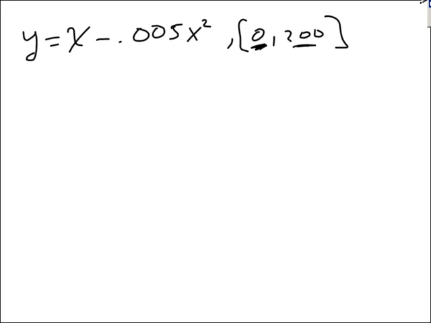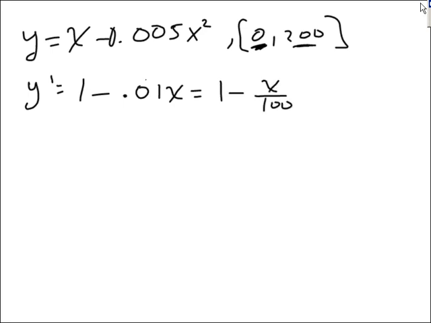Why is it understood? By convention. It just is. Okay, so then y prime is 1 minus 0.01x, which is the same as 1 minus x over 100. 0.01 is 100th. 100th times x is x over 100.